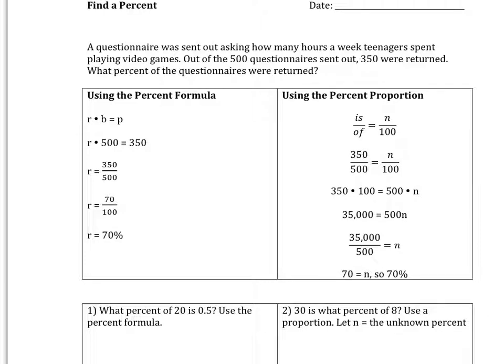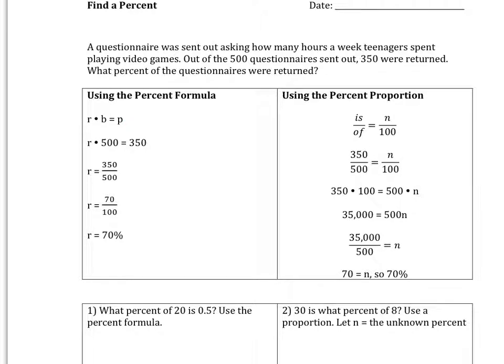What percent of the questionnaires were returned? Okay, so let's take a look at that word problem and see how to break it down. We're going to start by doing this using our percent formula. If we recall from the last lesson, the percent formula is our rate times our base equals our percent.